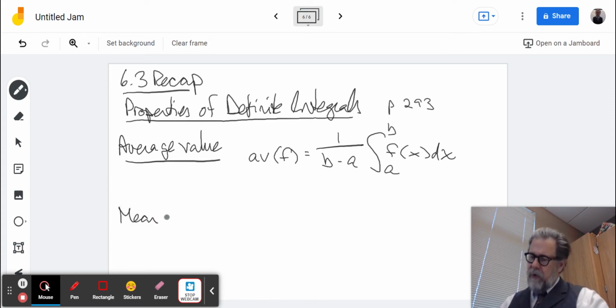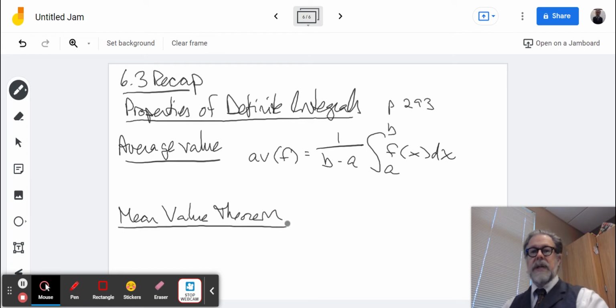Mean value theorem for definite integrals is basically the same as the mean value theorem for other things. Again, we have to have a continuous function on our interval, otherwise this doesn't apply.